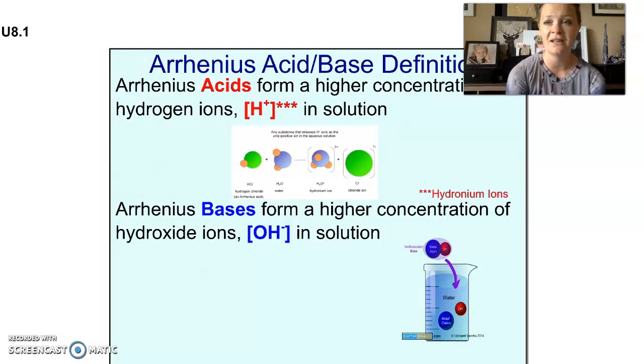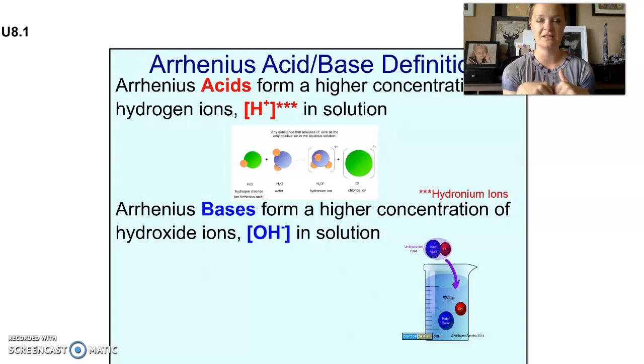I think back in our compounds unit, we talked about how ionic compounds conduct electricity because they dissociate, which means they split apart. And then I think I briefly mentioned how there is one type of covalent compound that also conducts electricity, but it's because they do something different when we put them in water.